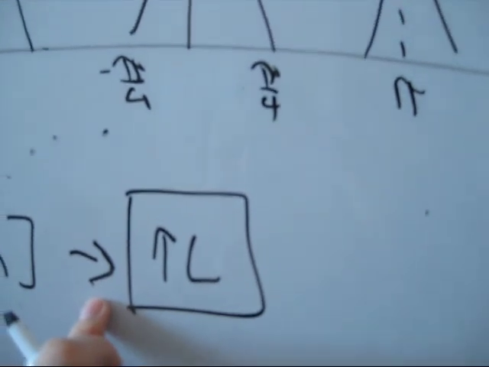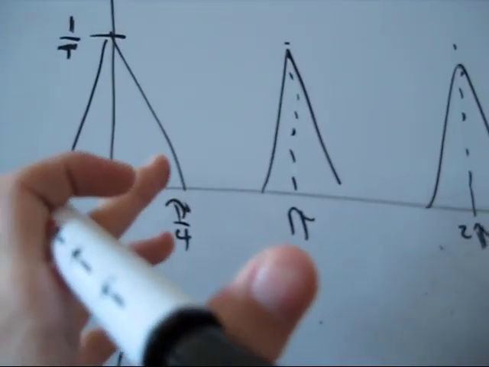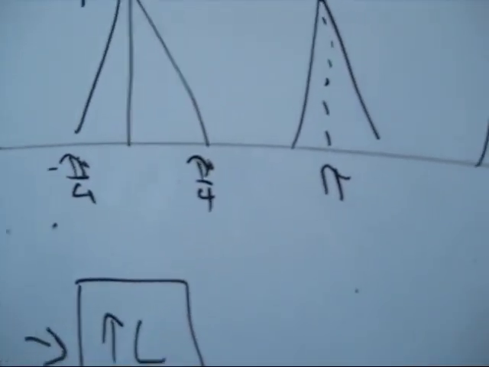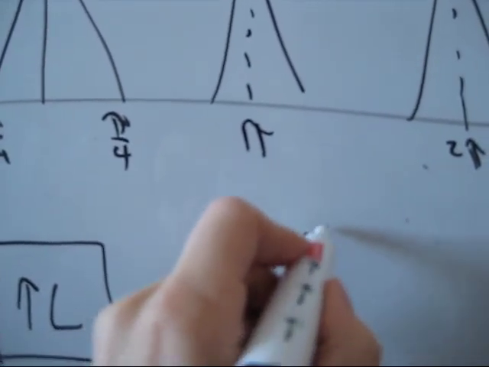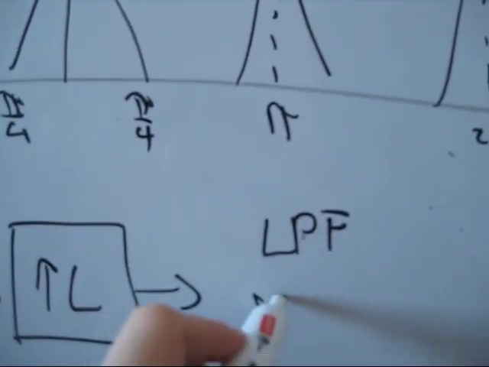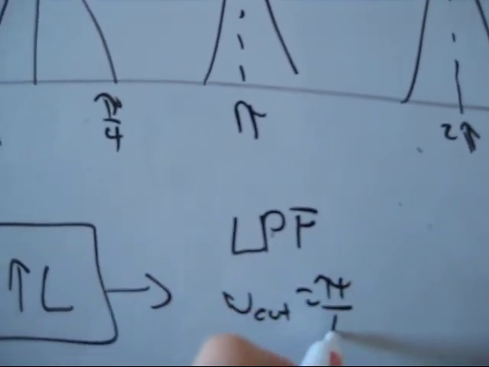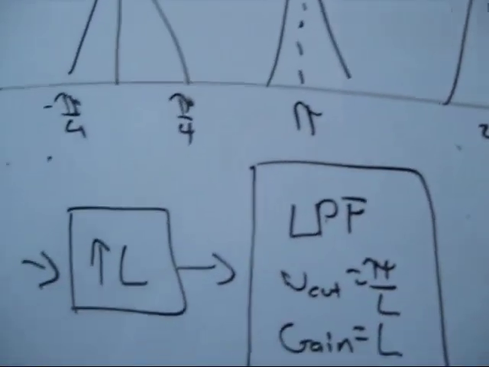So you have to first do it to create the thing that you can actually correct, and then we put it through a low pass filter with both a cutoff frequency of pi over L and a gain of L. Okay, so that's important. And then you have your output.